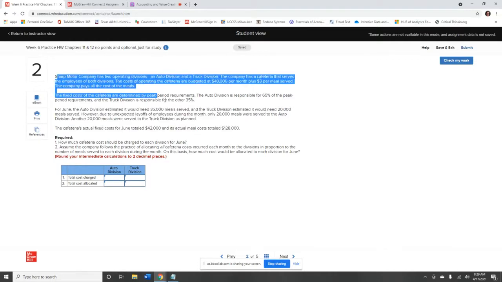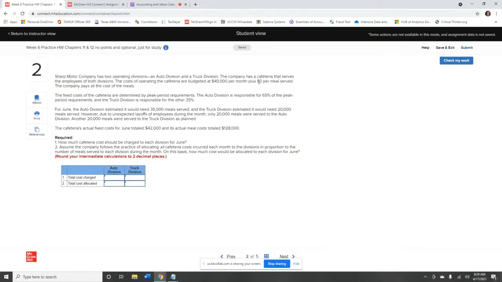But here's how we're allocating it. All right, so we're gonna have to split this 40,000, 65% to auto, 35% to truck, and then however many meals, 20,000 and 20,000 at $3 per meal. Okay, so let's calculate that out, and then we'll talk about question 2.